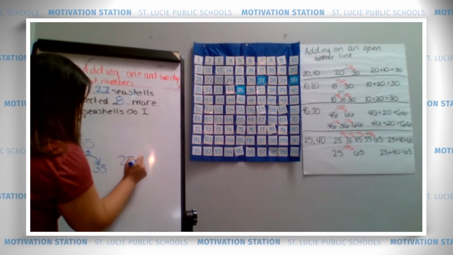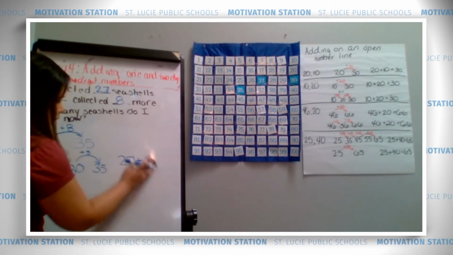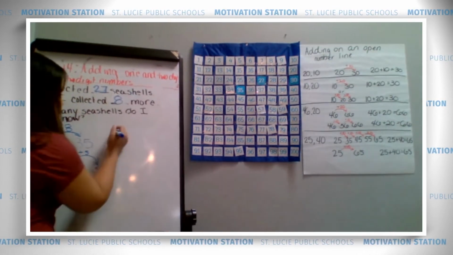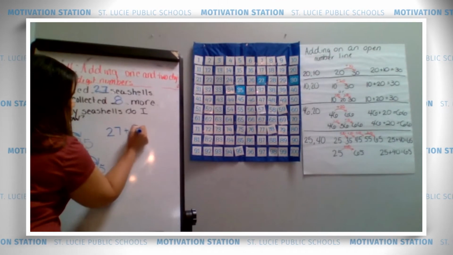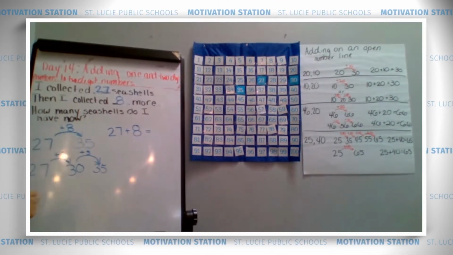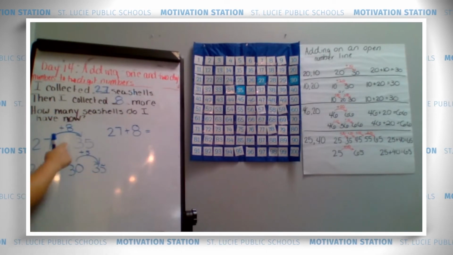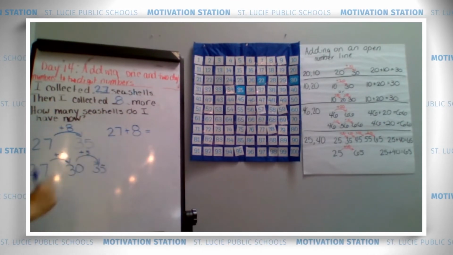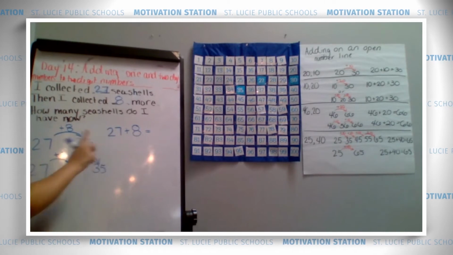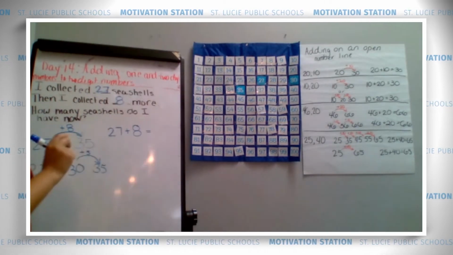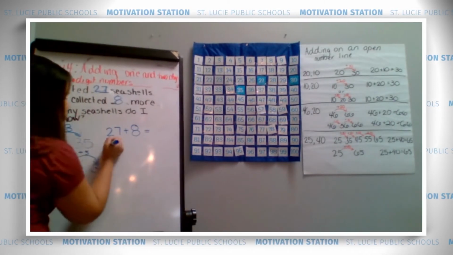As an equation, I have 27. Let's write it higher so we can also take a look at what's happening here. 27 plus 8. We know that equals 35 from our work on our 100 chart, also from our work in our 2 open number lines. But let's think about that spillover. 27, how many do I need to get to that next multiple of 10, which is 30? Yes, I need 3.